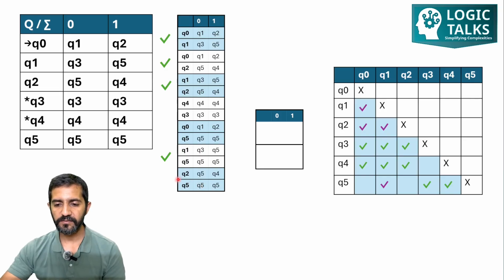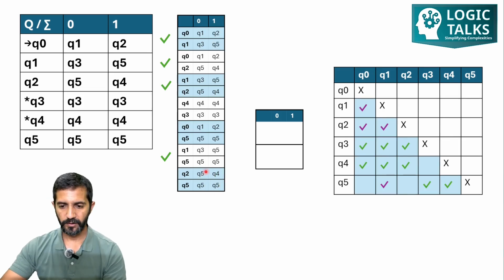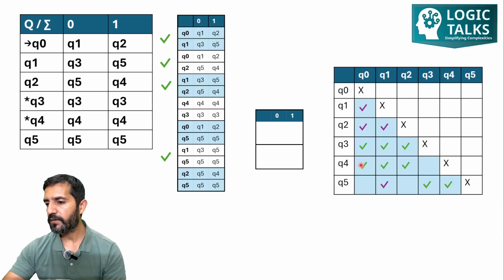So here as we can see, Q2, Q5 on 0 transition is giving me Q5, Q5, and on 1 transition it is giving me Q4, Q5. So now let us check Q5, Q5. It was not considered, so leave it. Q4, Q5. Yes, this one, Q4, Q5. It is marked. Therefore, Q2, Q5 will also be marked.